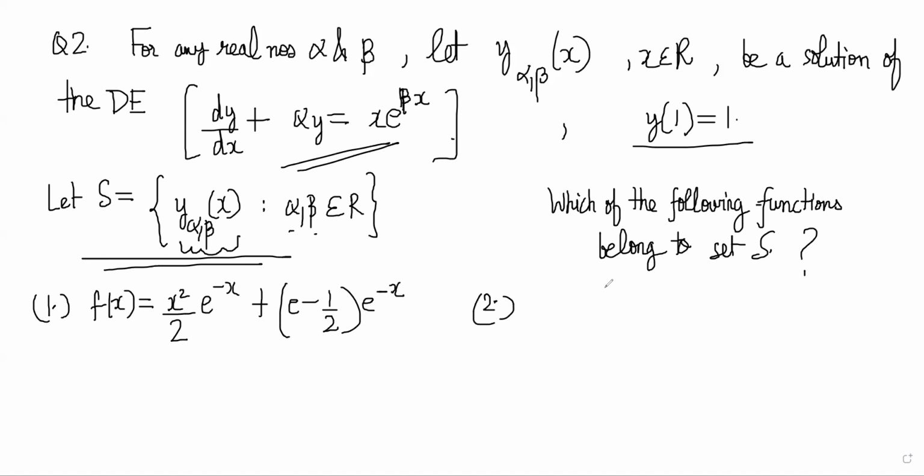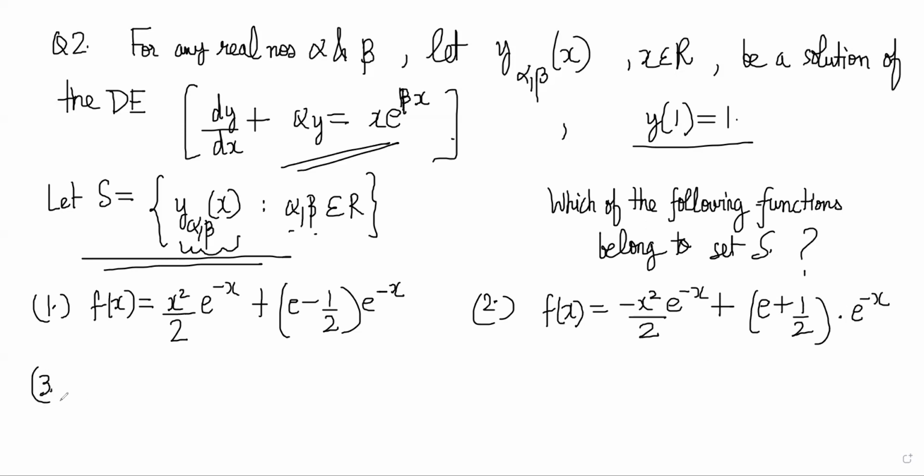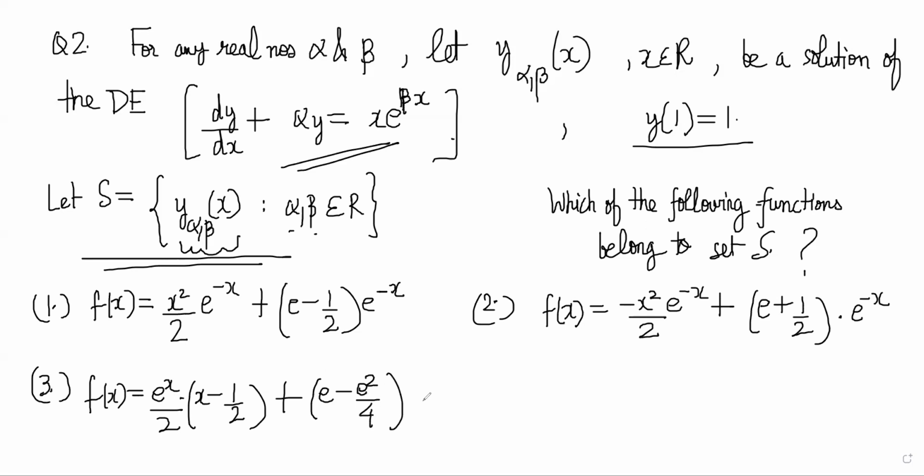The second option is f(x) = -x²/2 e^(-x) + (e + 1/2) e^(-x). The third option is f(x) = (e^x/2)(x - 1/2) + (e - e²/4) e^(-x).